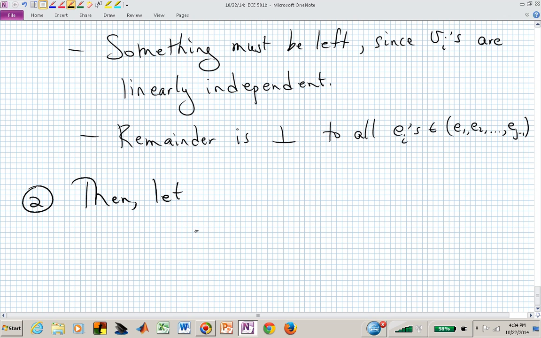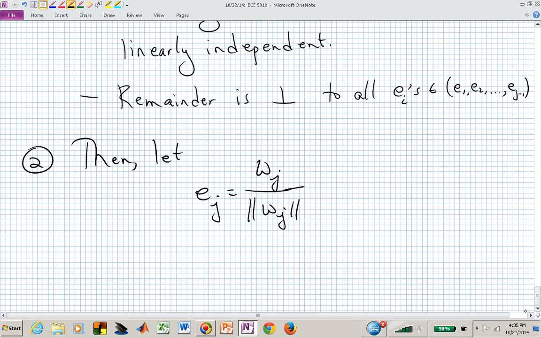Then let E sub j actually be W sub j normalized by its norm, or scaled by its norm.